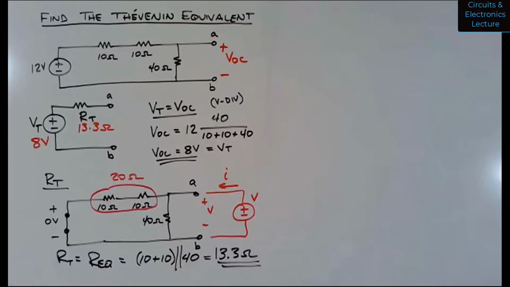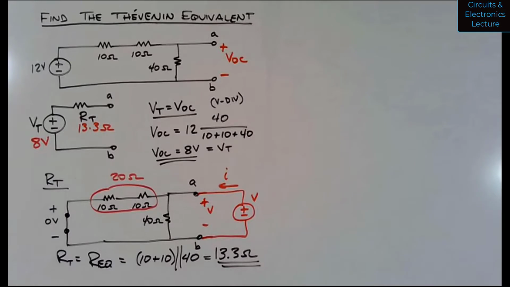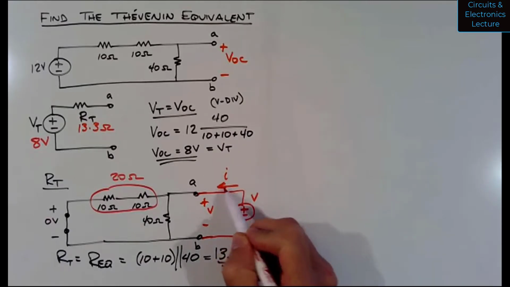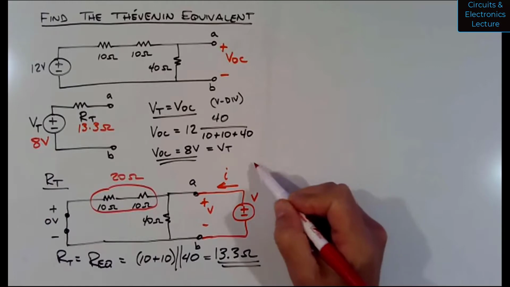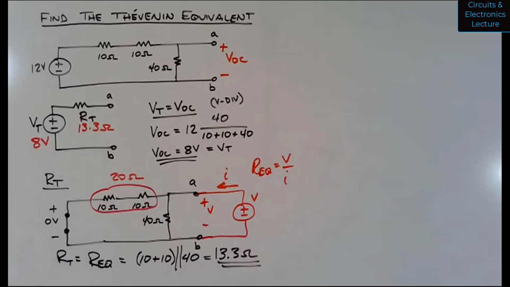Professor? Yes. Can you explain that again, why we're considering the resistors to be in parallel when finding RT? Right. Okay. So when you find an equivalent resistance, if you go back to when we derived series and parallel combinations of resistors, what I did is I applied a voltage and calculated a current, and I got REQ equals V over I. So that's really what you're doing when you are calculating equivalent resistance.